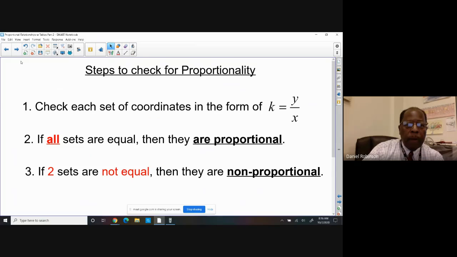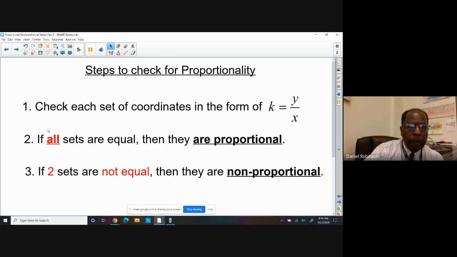The first thing you need to know is how to set the steps to check for proportionality. First, find the constant of proportionality. That's the unit rate we used to say in 6th grade. Check each set of coordinates to see if they form that special constant of proportionality value of the y coordinate over the x coordinate.